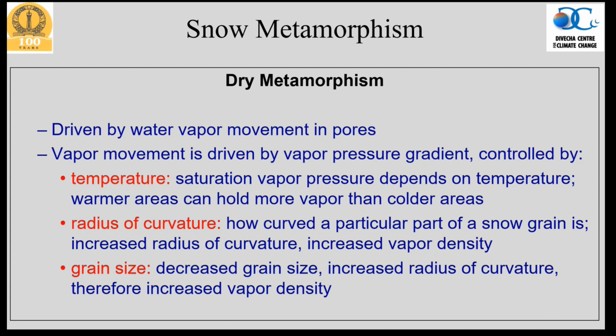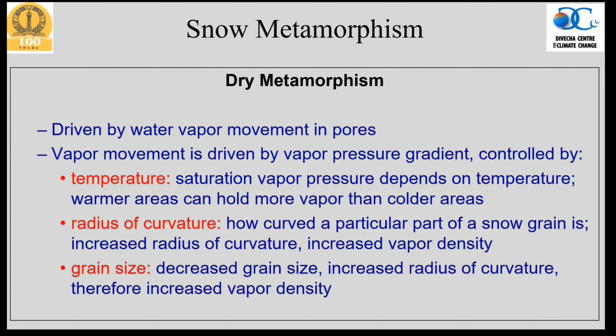Vapor movement is driven by a vapor pressure gradient, which is controlled by temperature, radius of curvature, and grain size. We already know that saturation vapor pressure depends upon temperature: warmer areas can hold more vapor than colder areas.